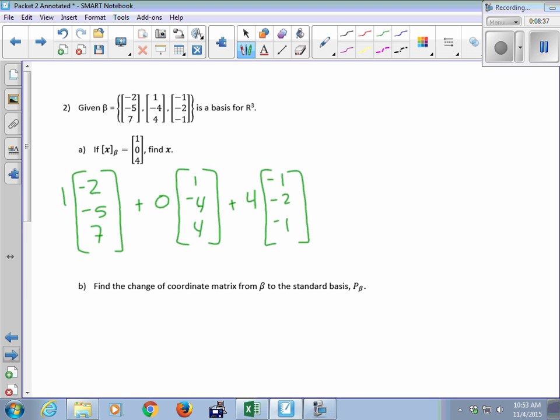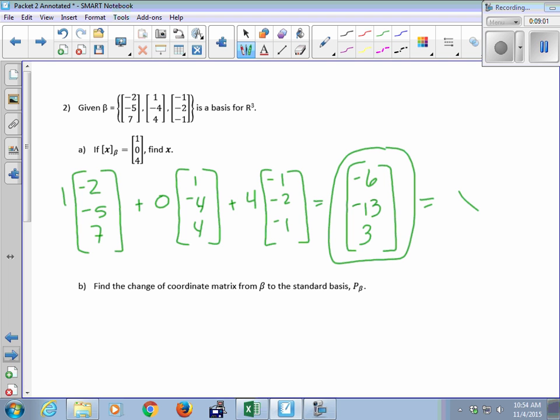Oh, yeah. And that's what we're going to do in part B. So when I put these all together, I'm going to get -2 plus -4 is -6. -5 plus -8 is -13. 7 plus -4 is 3. Okay, so that is my original x.